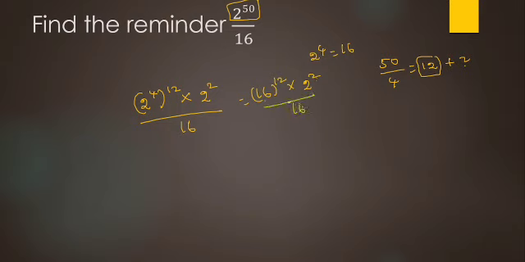Now 16 cancels, so that means 0 will be the remainder. 16 minus 16, 0 will be the remainder. So in this case 0 to the power of 12 into 2 squared. Okay, 0 to the power of anything will be 0. So the answer is 0 in this case. I hope you are able to understand this problem. So we will go for the next one.